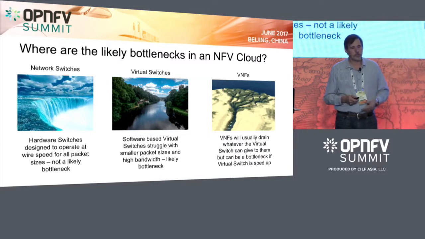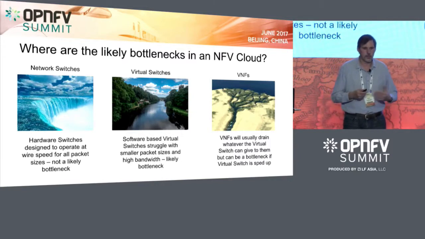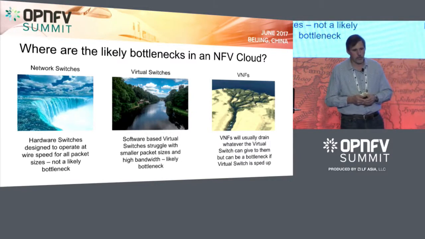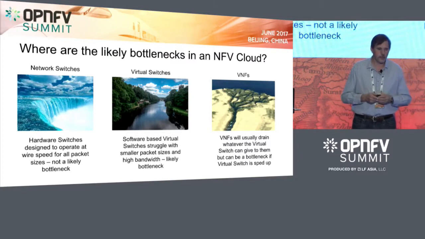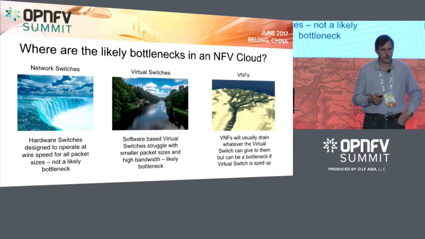But of course, you can imagine that if you were to speed up the virtual switch and make it faster, if you had a flood, that could overload the endpoints or the tributaries, and those could become the bottleneck in the network. And we'll talk about that a little bit more as we get further into this discussion.